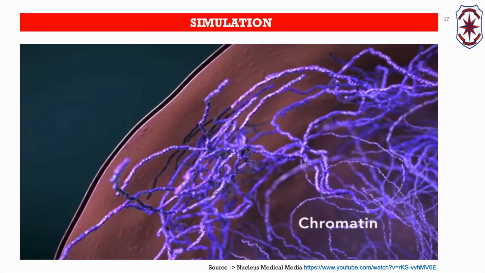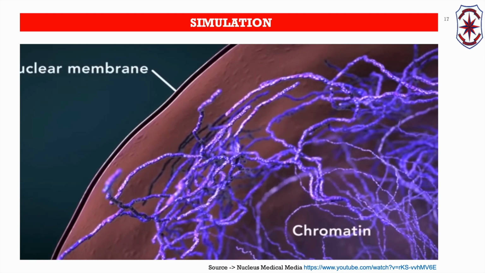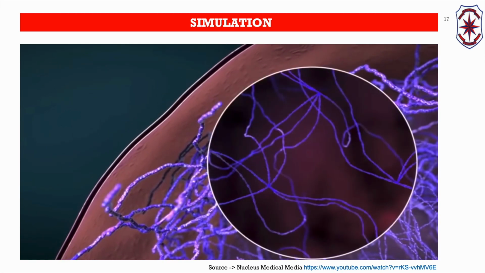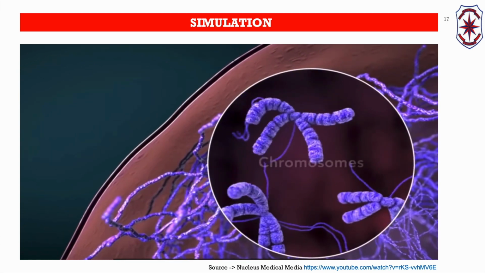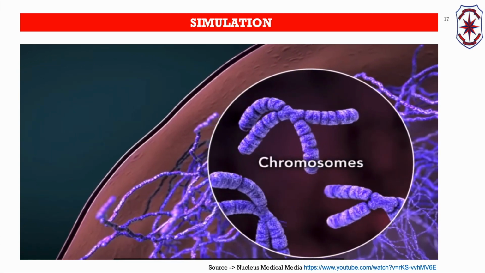But when the cell is dividing, this chromatin will start condensing to form structures called chromosomes. So when you see chromosomes in the cell, you will know that the cell is ready to divide or is undergoing cell division. Okay, guys?